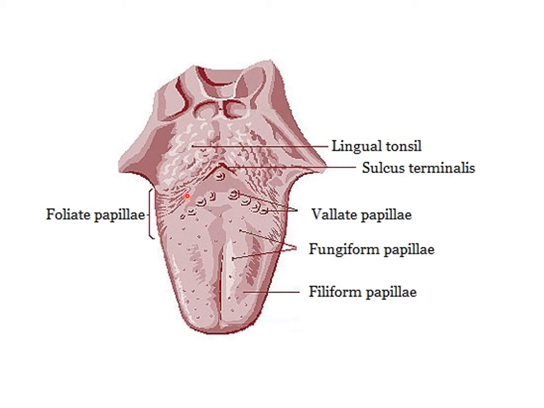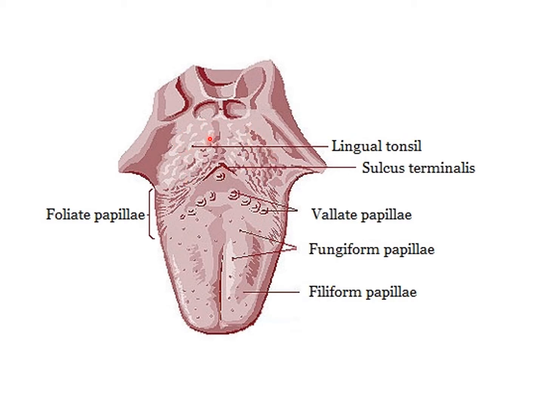A V-shaped groove known as sulcus terminalis demarcates the anterior 2/3 of the tongue from the posterior 1/3 of the tongue, and lining along the sulcus terminalis are the circumvallate papillae. And the lateral border of the tongue may also show a fourth type of papillae, which are known as foliate papillae.